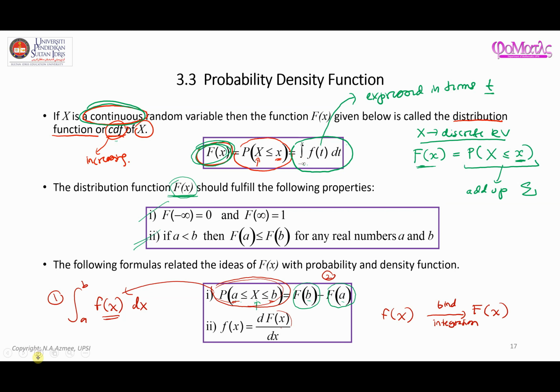If the reverse is given, for example the CDF is given and you want to find the PDF, you need to differentiate this function. That's what's going on.